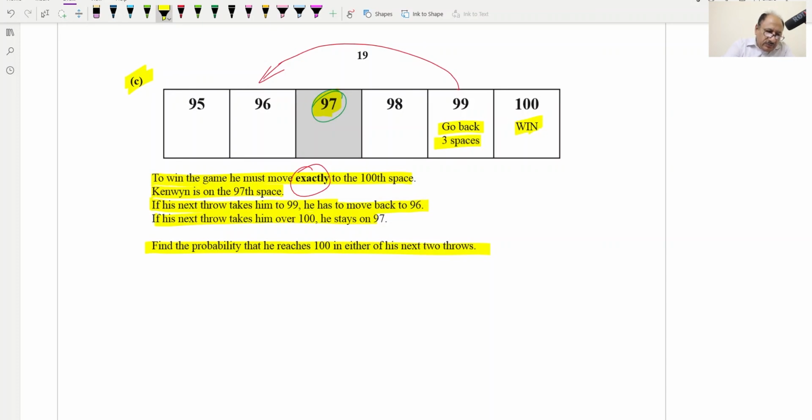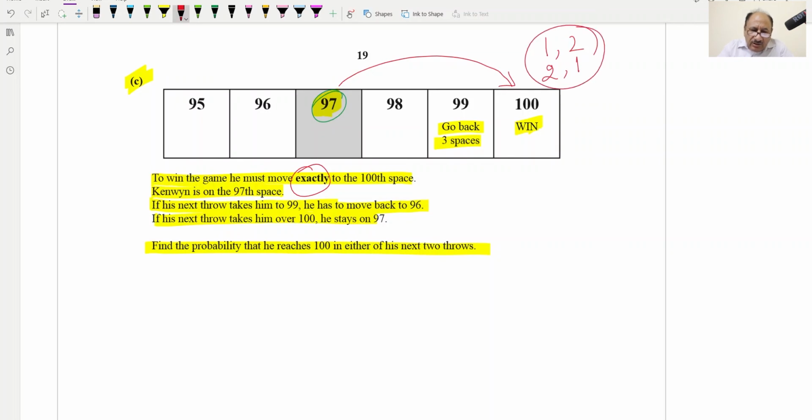If I remove this arrow for your explanation, from 97 to 100 he can reach in 2 ways. One will be if he gets 1 on one dice and 2 on the second dice, so the total will be 3, and the second will be 2 on the first dice and 1 on the second. So these are basically the 2 ways in which he can reach exactly directly from 97 to 100.